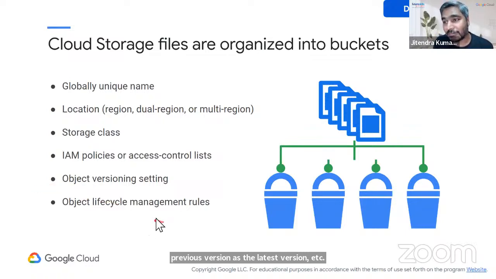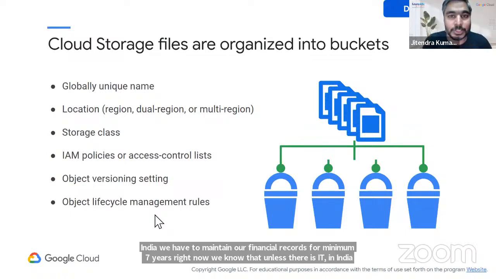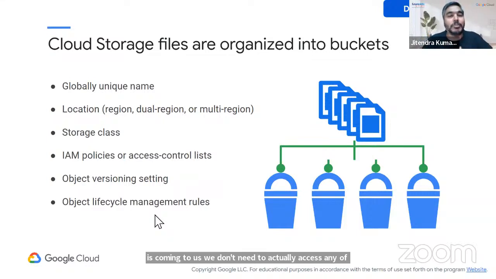Okay. Now this last one is very interesting. Imagine I told you just now that in India, we have to maintain our financial records for a minimum of 7 years. Right, now we know that unless there is an IT department query which is coming to us, we don't need to actually access any of those records. So what do I want to do? After 7 years have passed, I want to immediately go and delete them, because I want to stop paying for storage charges that I'm incurring when I'm keeping that data inside the GCS bucket.